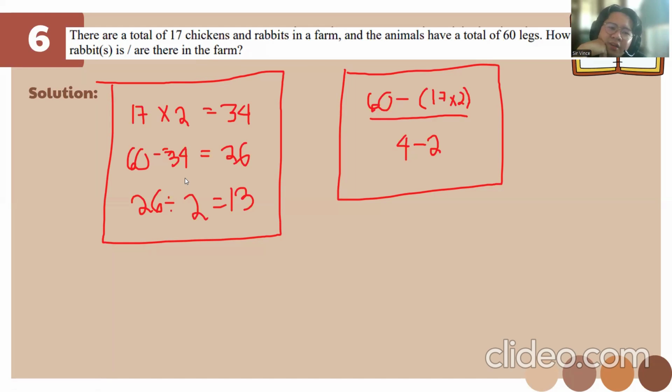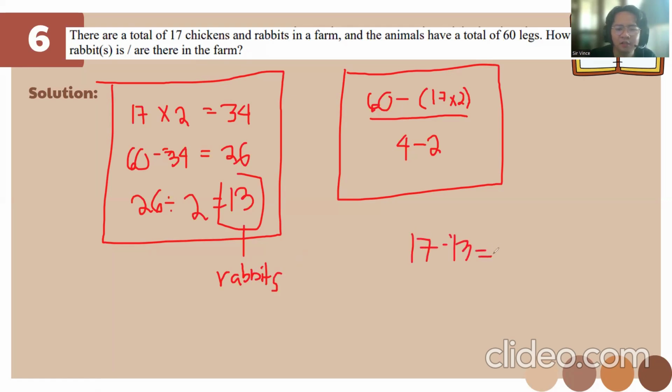Wait. This should be the solution for number 6. Okay, the 13 is the number of rabbits. This is rabbits. Then if you are asked to find the chicken, you can just use 17 minus 13. So 4 is chicken.